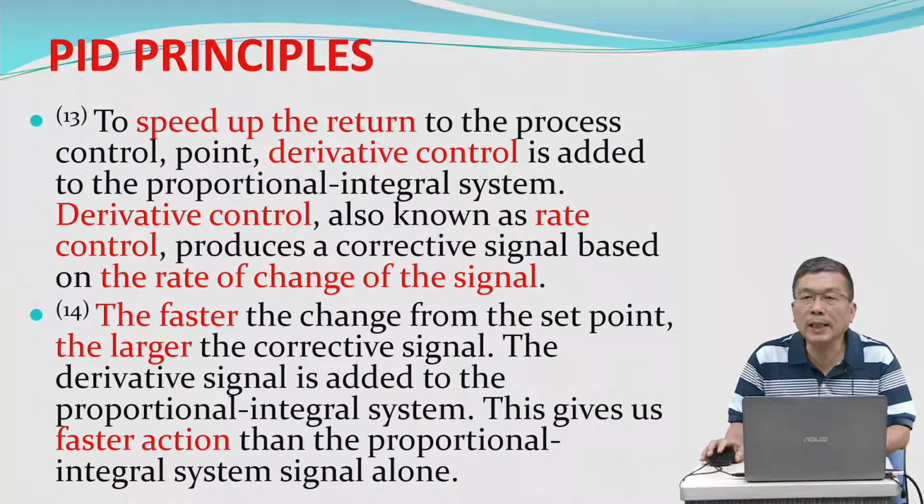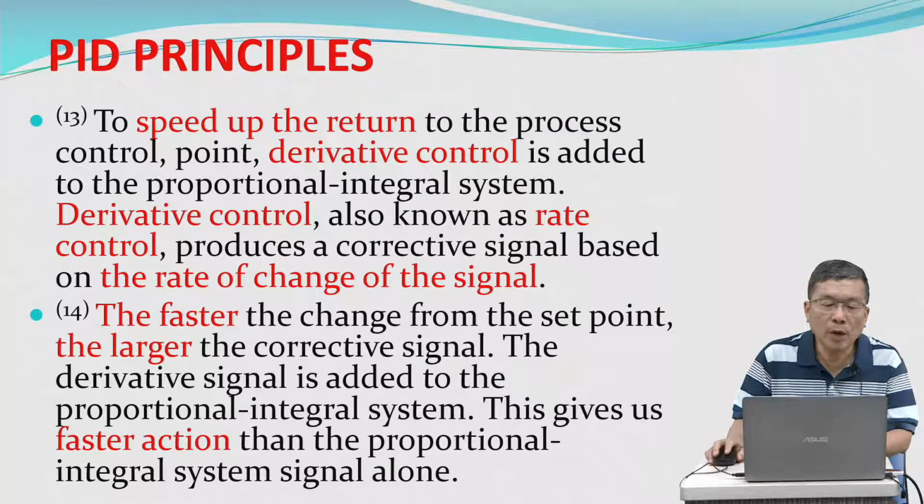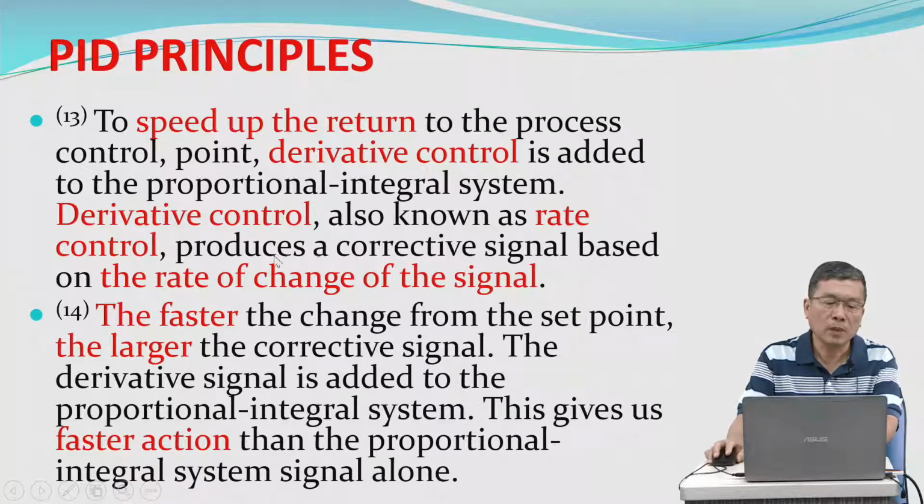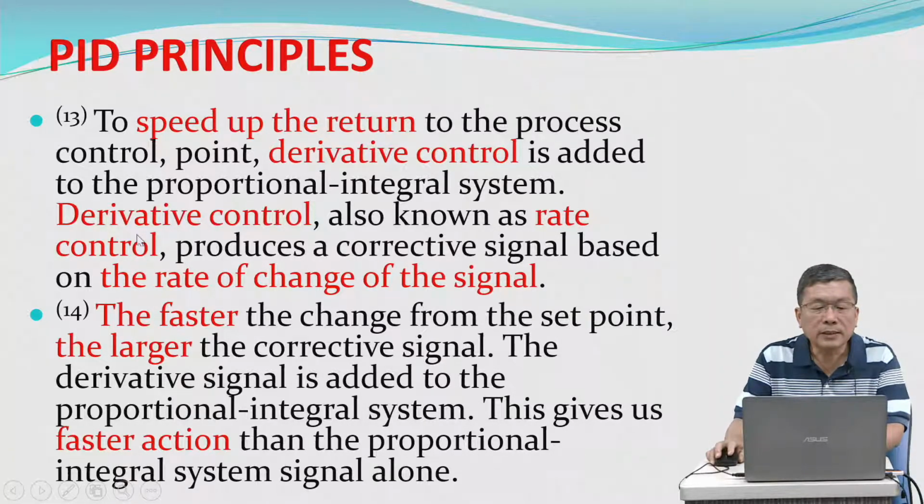To speed up the return to process control, derivative control is added to the proportional integral system. Derivative control, also known as rate control, produces a corrective signal based on the rate of change of the signal.